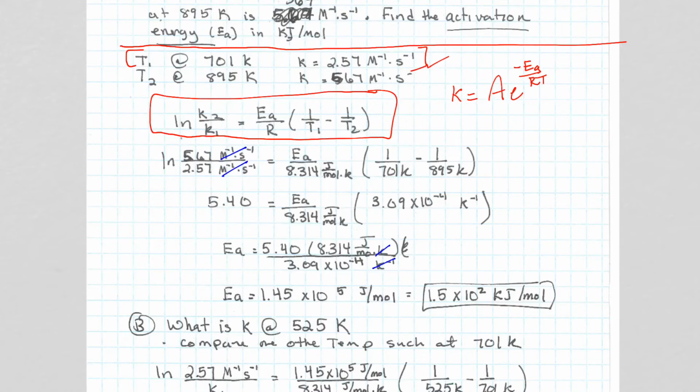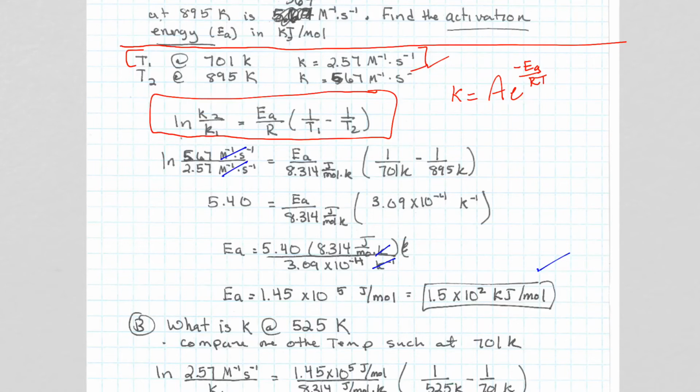You would have been perfectly fine in this particular problem using three significant figures. I think I just rounded it here, but 1.45 times 10 to the 2nd would be very appropriate here as well. Okay, so this is a pretty typical problem to find the activation energy. So the activation energy here is basically 145 kilojoules per mole.